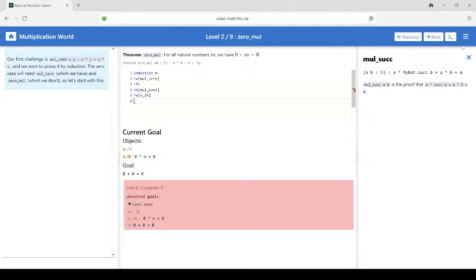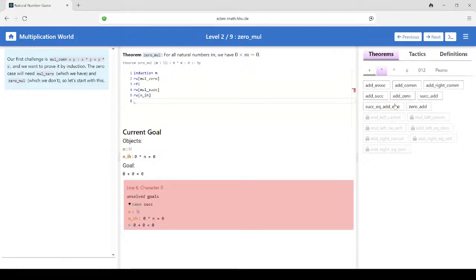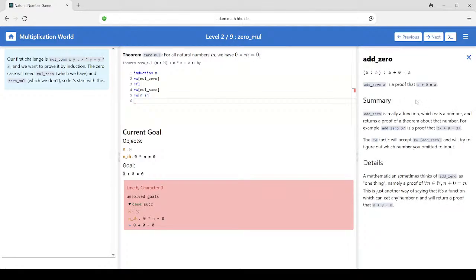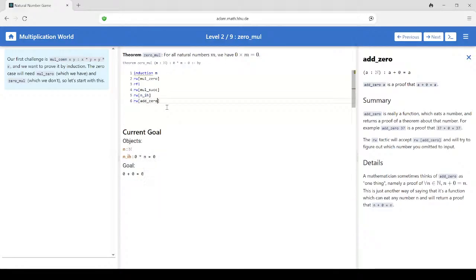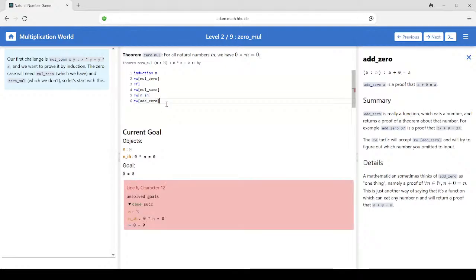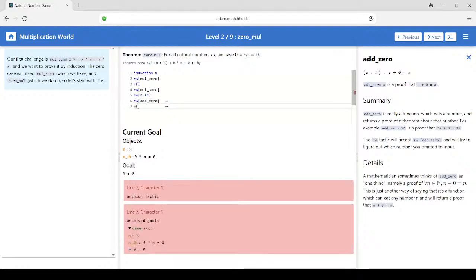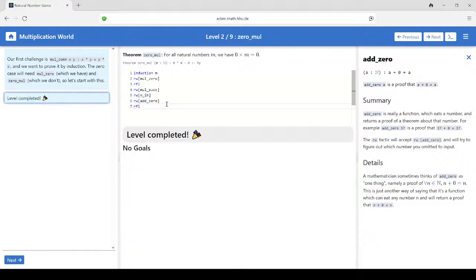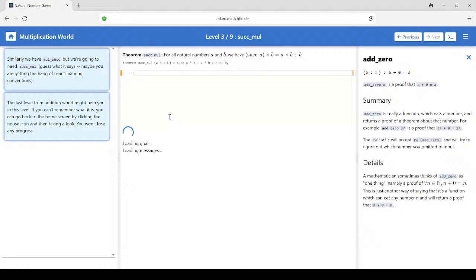And now we can use the fact that anything plus 0 is 0. And we can just reflect. Now we're back to where we were, where we got stuck.